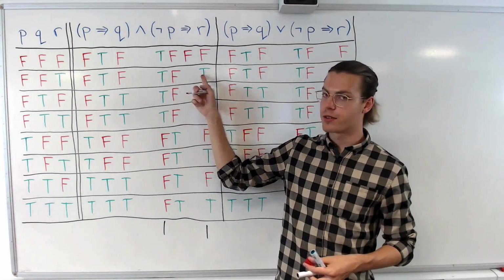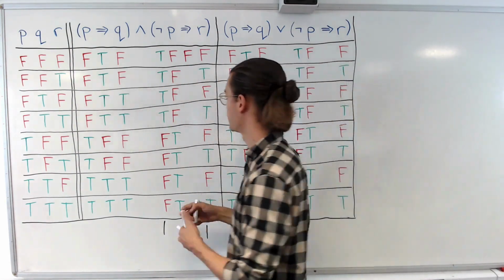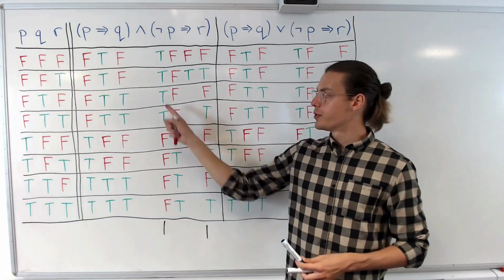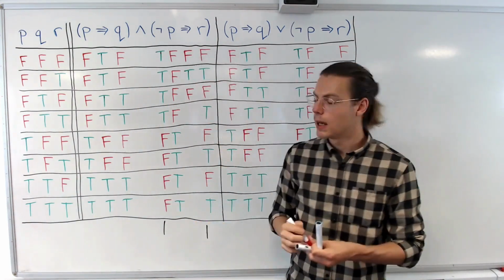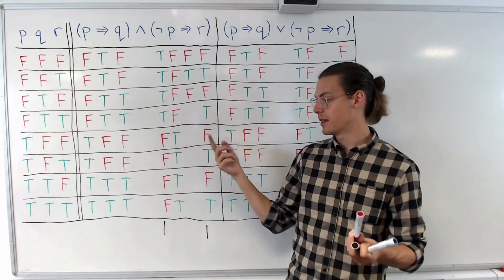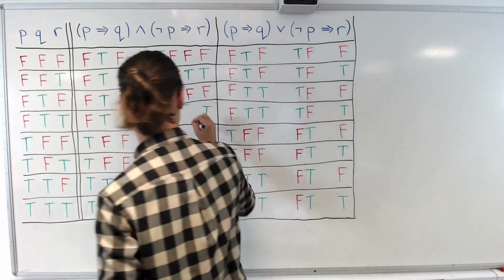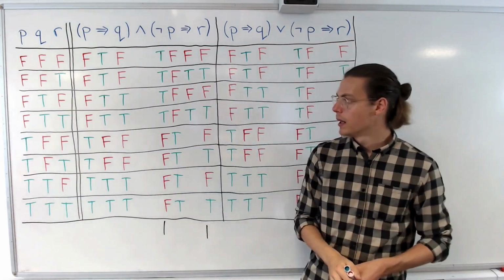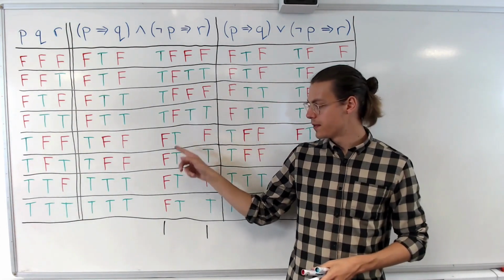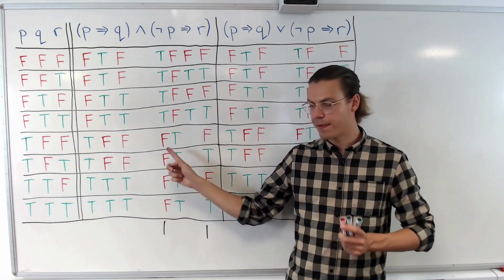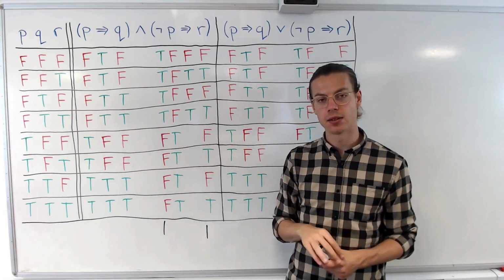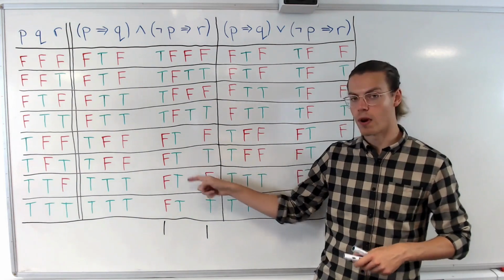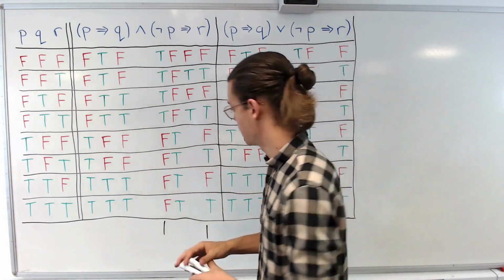True implies true is true. True implies false is false. And true implies true is true. And then for the next 4 rows, we have false implies something. Now, false implies something is always true, so the last 4 rows are all true.